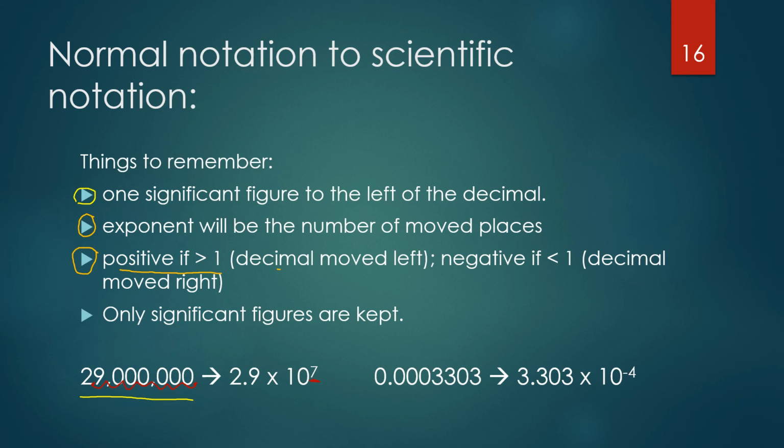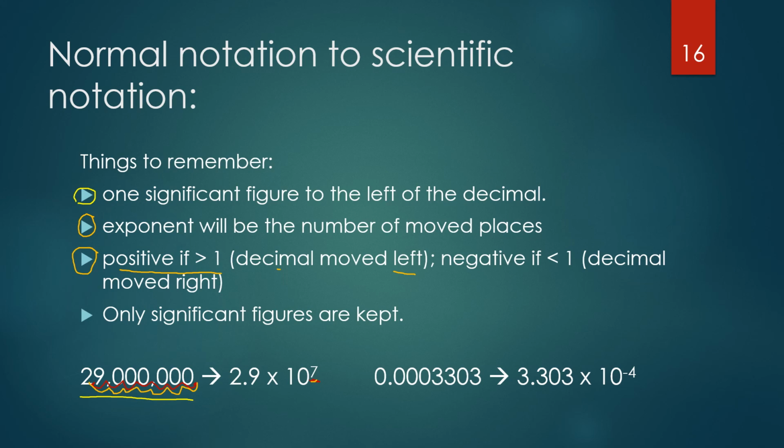Your exponent will be positive if you had to move that decimal to the left, which we did, right? We started at the end of the number and we kept moving all the way to the left till we got between the 2 and the 9. So 29 million, huge number, much greater than 1. So we know that this exponent needs to stay a positive 7.